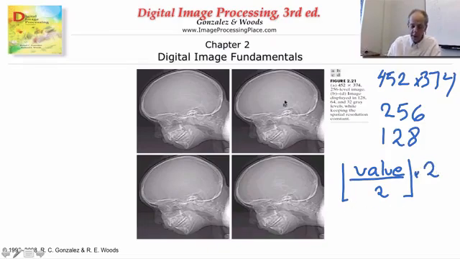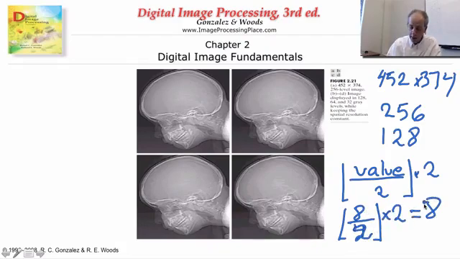So for example, if the value of this image was 8, you divide by 2, that's 4. You multiply by 2, you get 8 again. No problem with that pixel value.